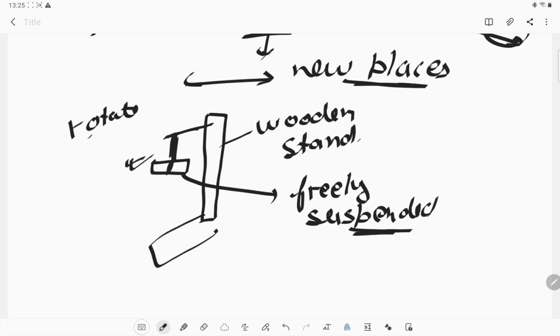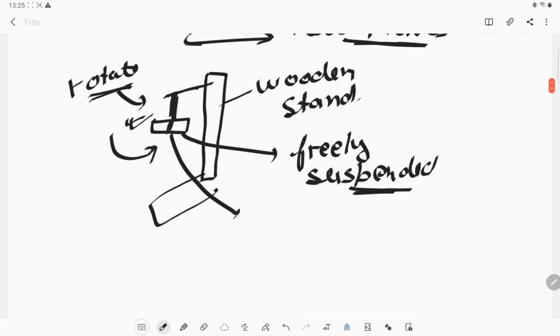The scientists try to rotate this magnet in this direction first, and after that whenever the bar magnet stops, it stops in the same direction. They noticed this thing, and they marked one direction so that they could figure out that the direction is the same. So they mark this portion as a pole, and that pole will be pointing in this direction.